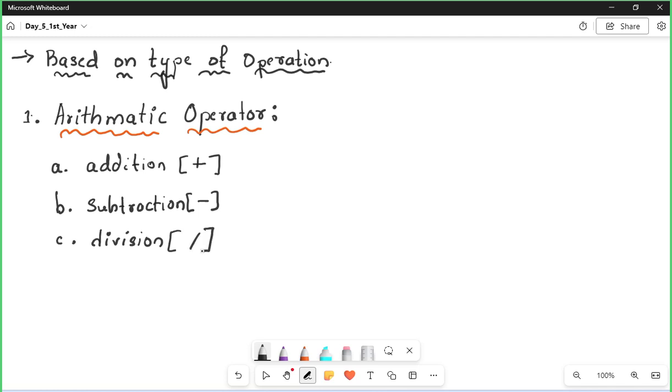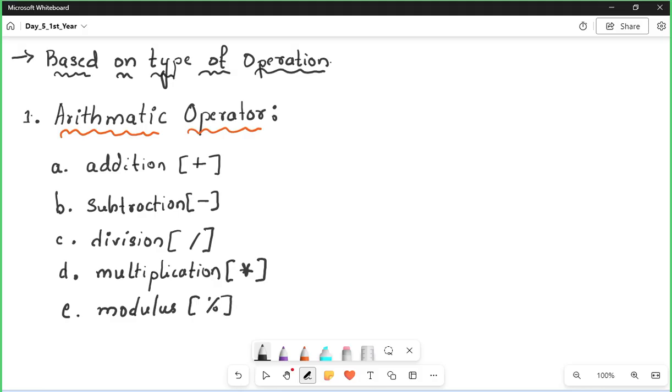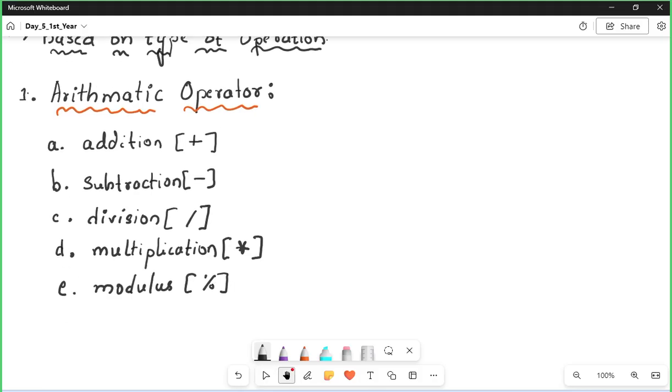These are the symbols I will write after that. The fourth is multiplication, which is represented by the asterisk symbol. And the fifth is the modulus operator. So these are the five basic arithmetic operators we have.